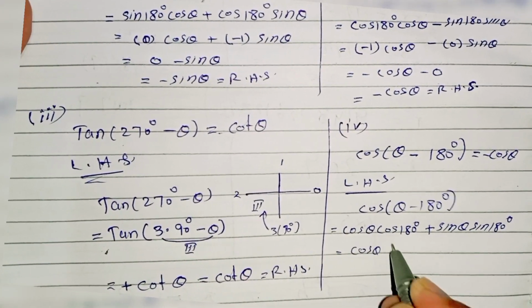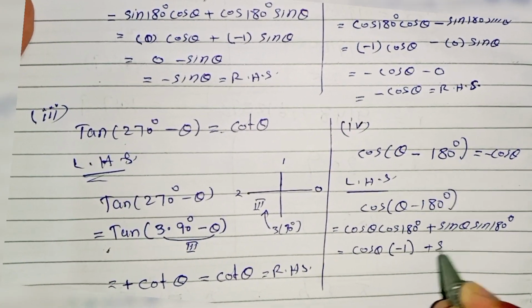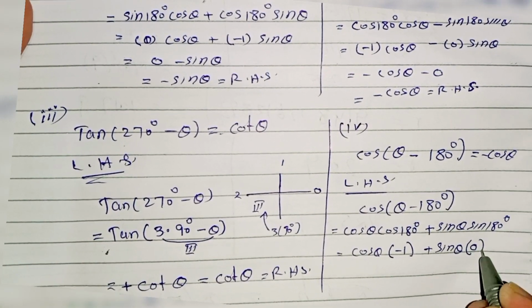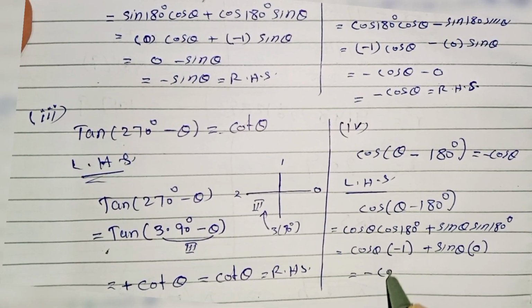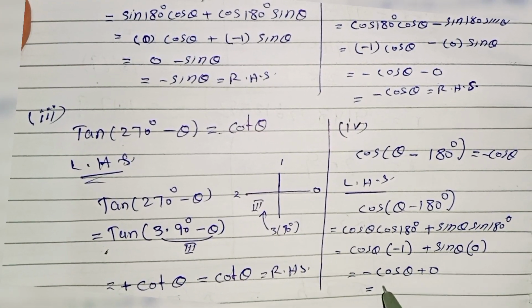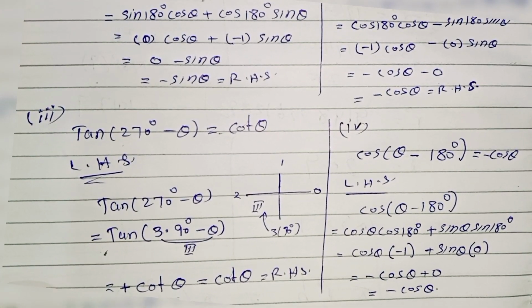We know that the value of cos 180 degree is minus 1, and the value of sin 180 degree is 0. We have minus cos theta plus 0, which is equal to minus cos theta as required.